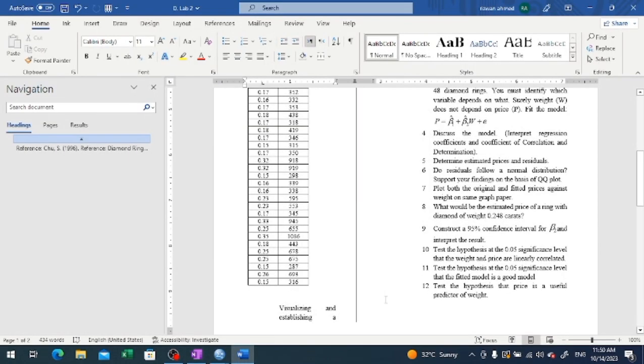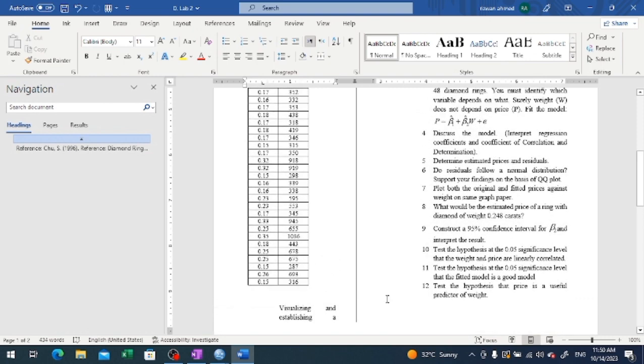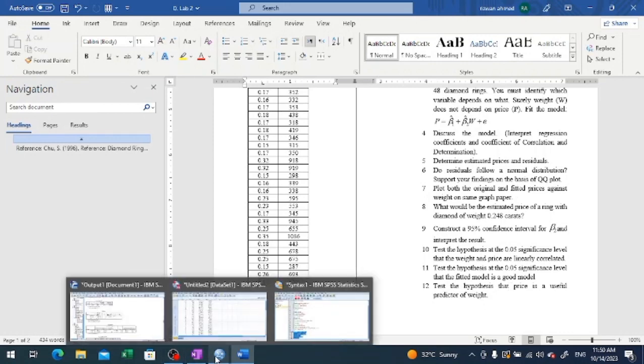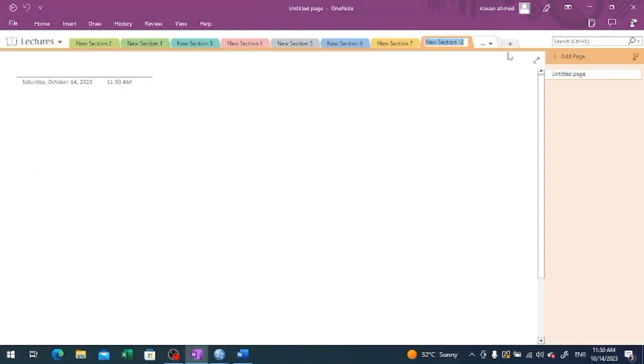Now, going to the last part of this, we go for testing the hypothesis that the price is a useful predictor of yield. So to understand this concept, we need to understand that we refer independent variable as a predictor as well and dependent variable as response.